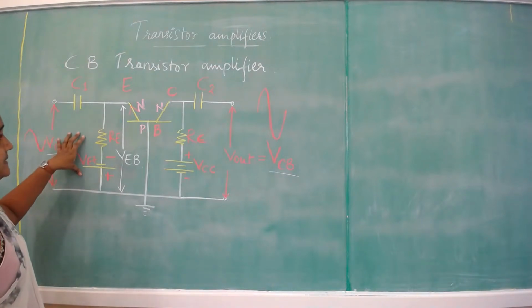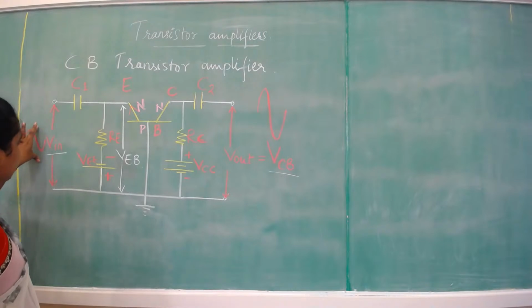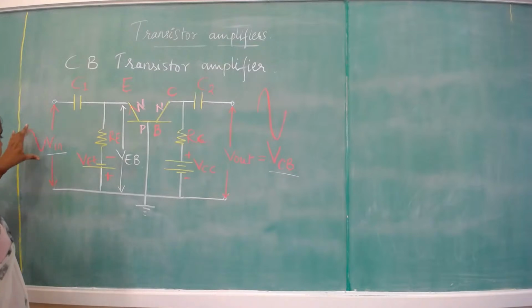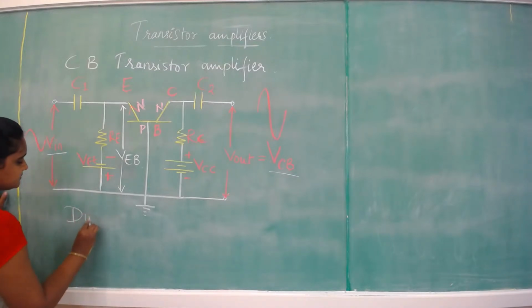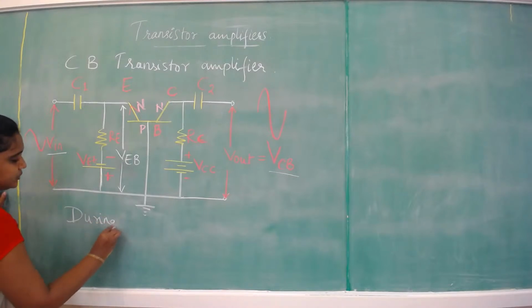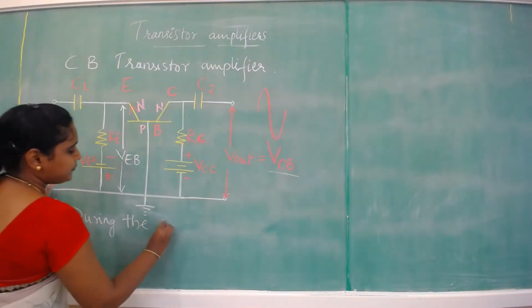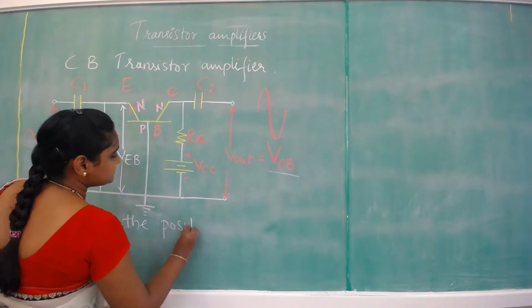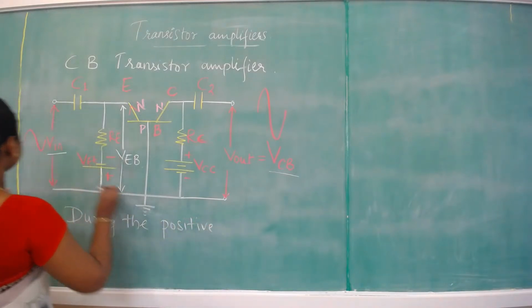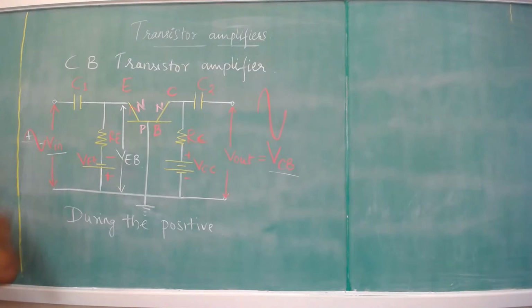So what happens when you apply the input here? As the input is increasing, that means during the positive cycle, this portion is the positive cycle and this is the negative cycle.